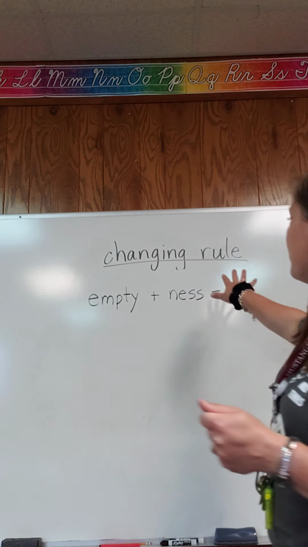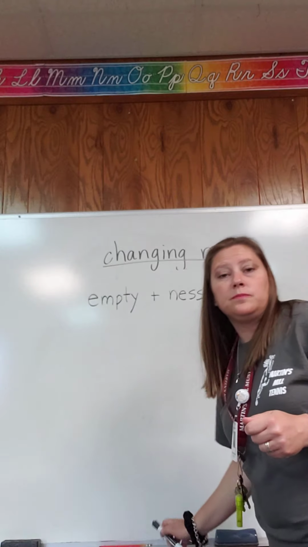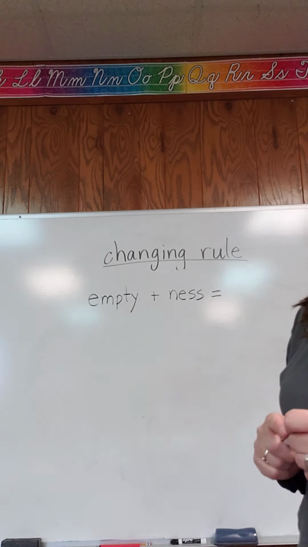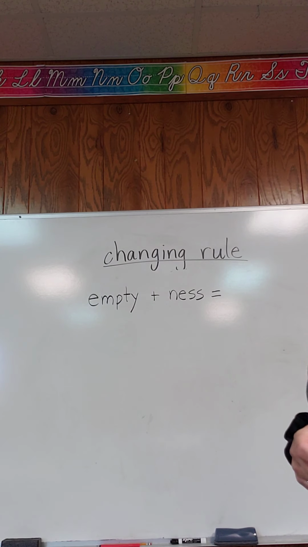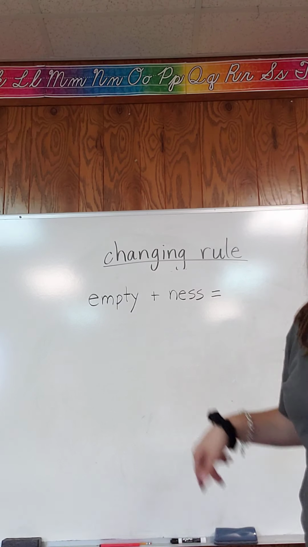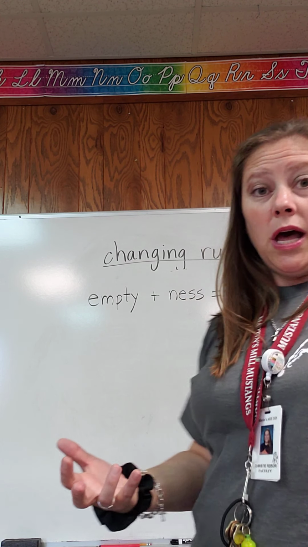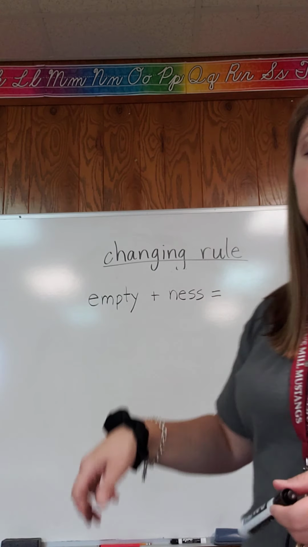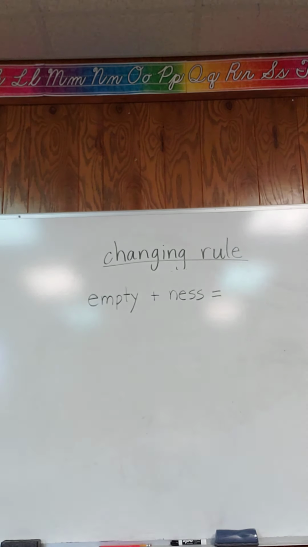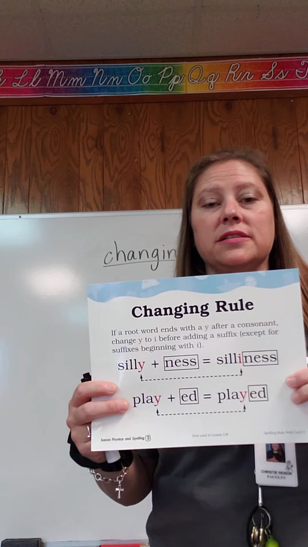So let's start by taking a look at what we have over here. Can you identify what the base word that we're working with is? If you said empty, that is correct. Our base word is empty. Our suffix is ness, which means full of. So we're going to figure out how we need to spell emptiness based on this changing rule that we just discussed.